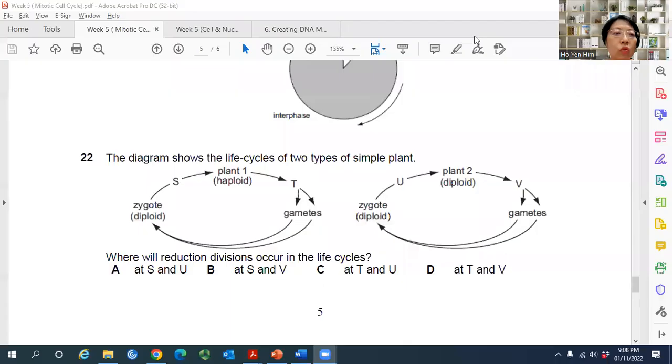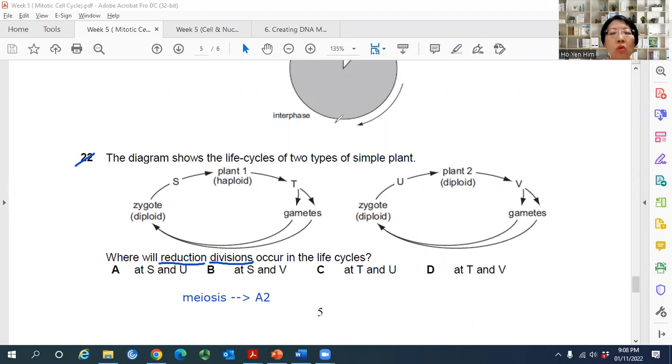So this question 22 is about meiosis, because it's talking about reduction division. So reduction division is actually meiosis, but it's in the A2 syllabus. So you may not be able to answer this question unless you have learned this in your secondary school.